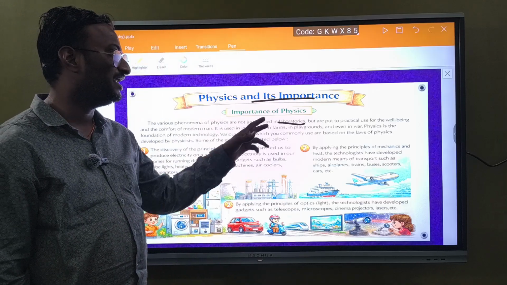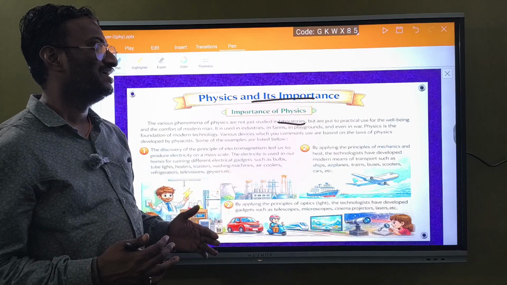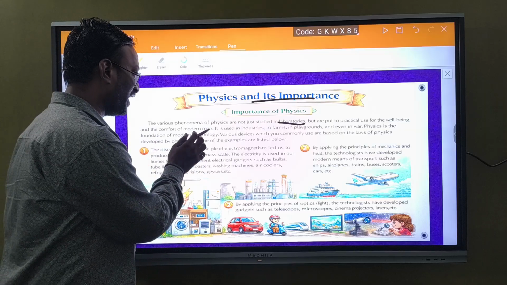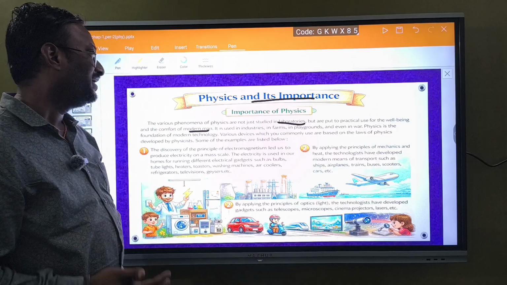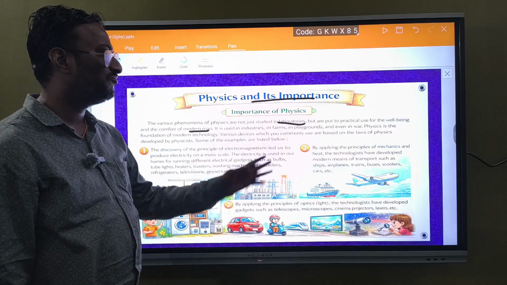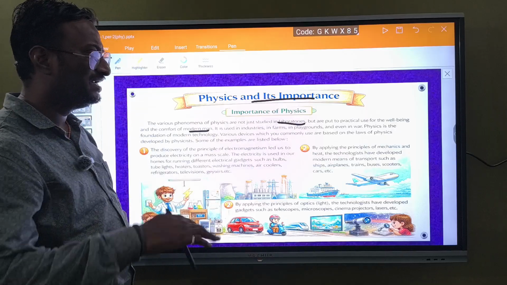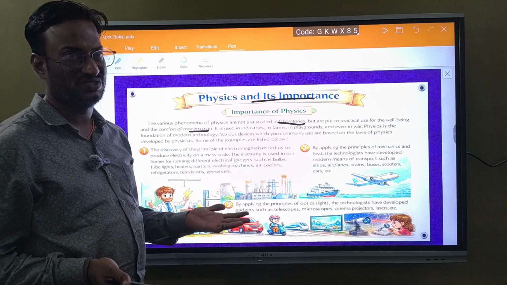Those are not studied only in laboratories but are put to practice, used for the well-being and comfort of modern man. In real life it has been adopted. It is used in industries, in farms, playgrounds and even in war. In different scenarios physics helps us.